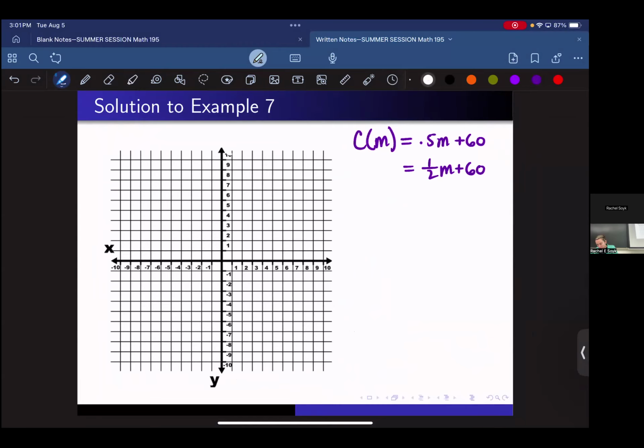Again, I'm gonna go up by 5s here. So 5, 10.